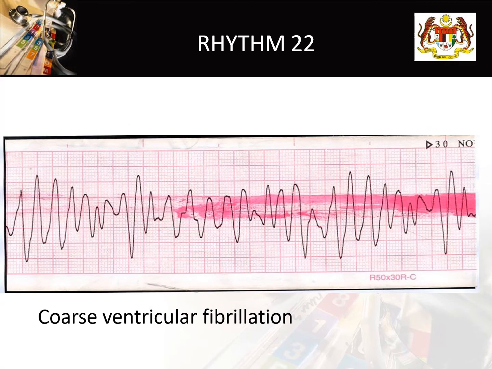Okay, this is another example, coarse ventricular fibrillation. As you can see, the QRS complex is wide, broad, and irregular, and the amplitude is sometimes low, sometimes high. So you cannot miss this kind of VF ECG.